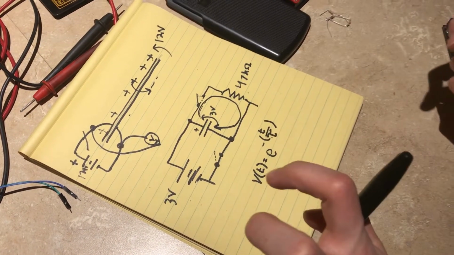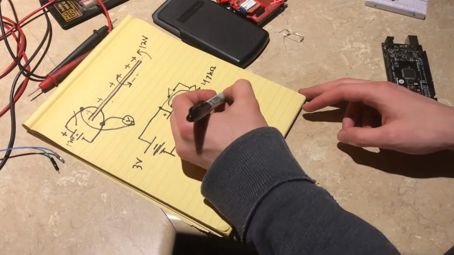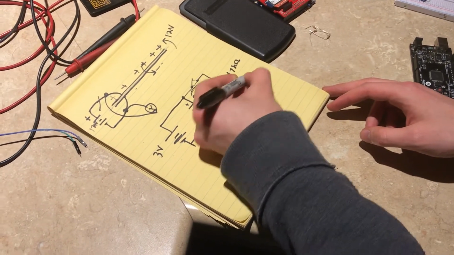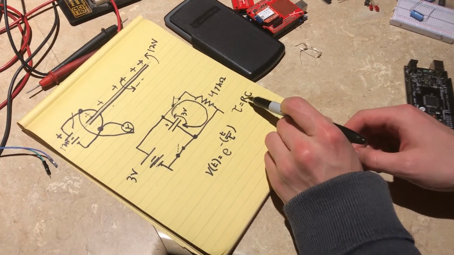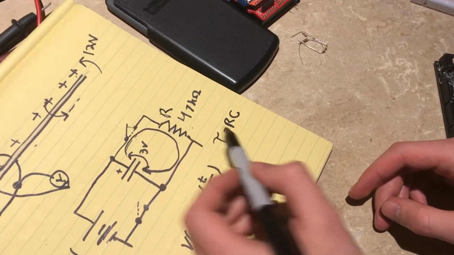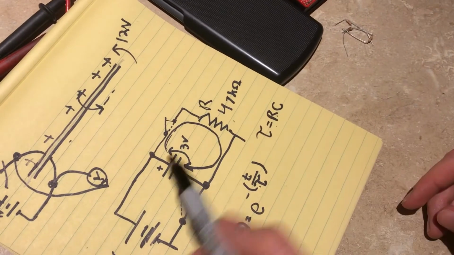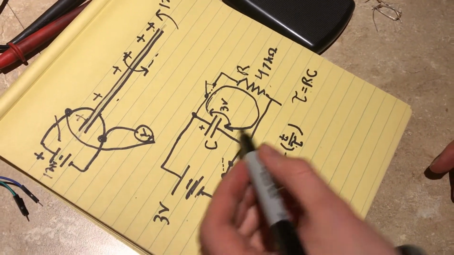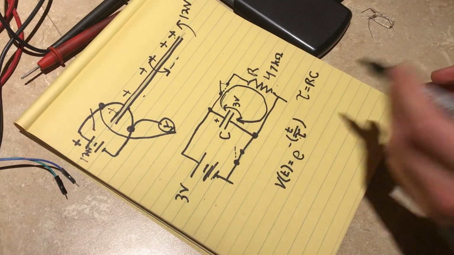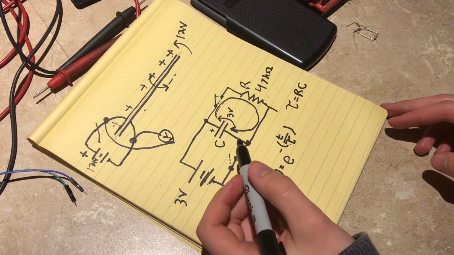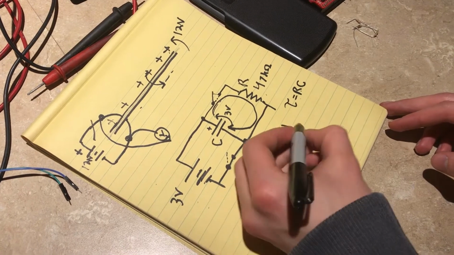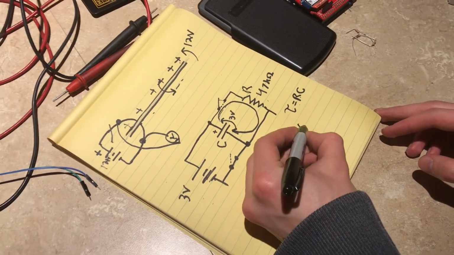It's the time constant, which is equal to R, the value of the resistor, 47K, whatever, times C, which is the capacitance in farads. That's tau. Like I said, this is times the original voltage.